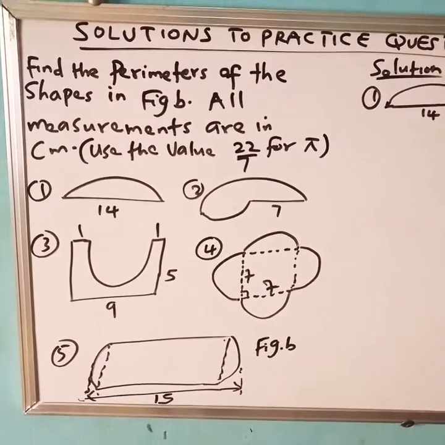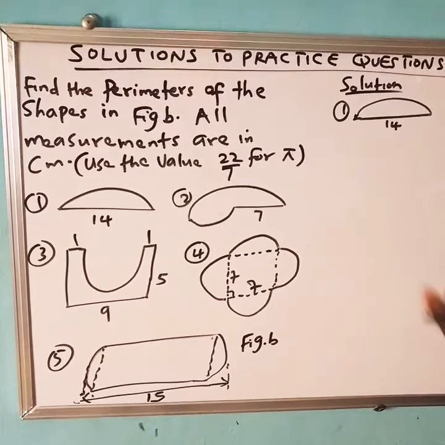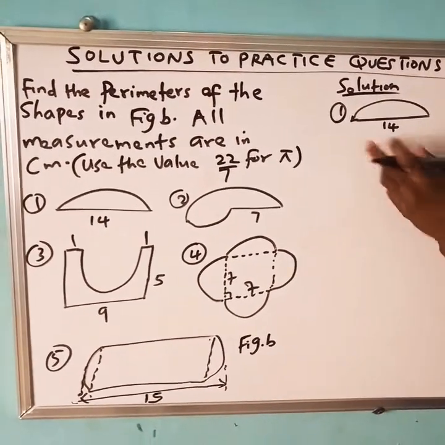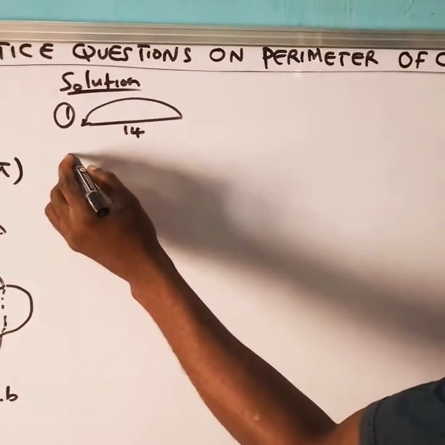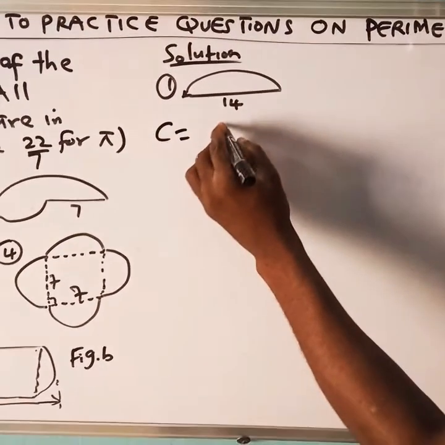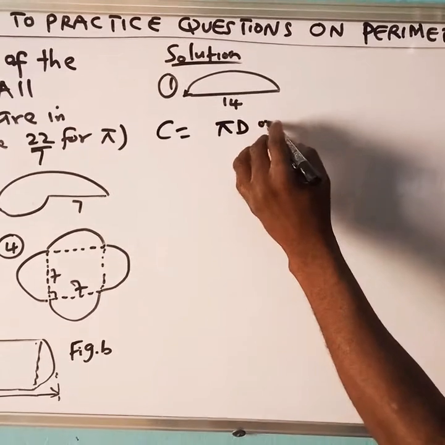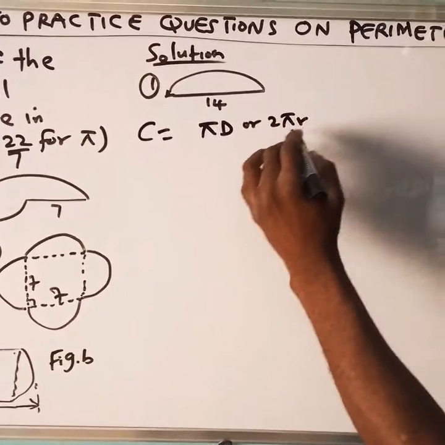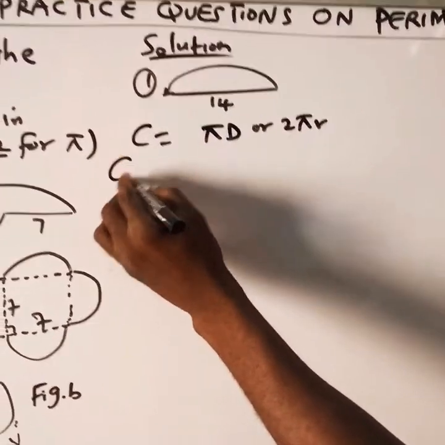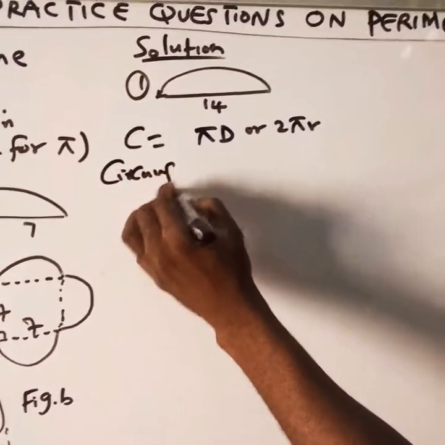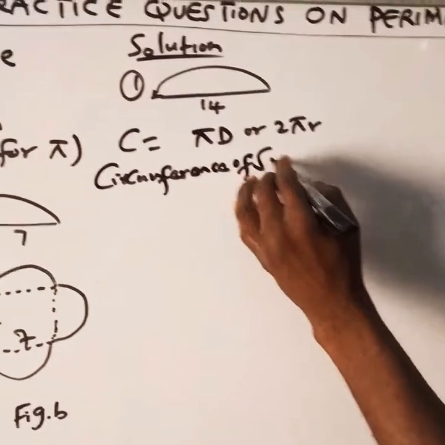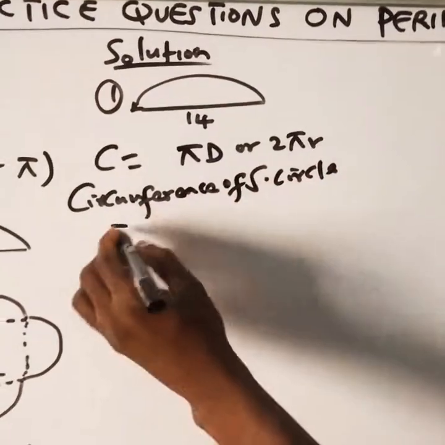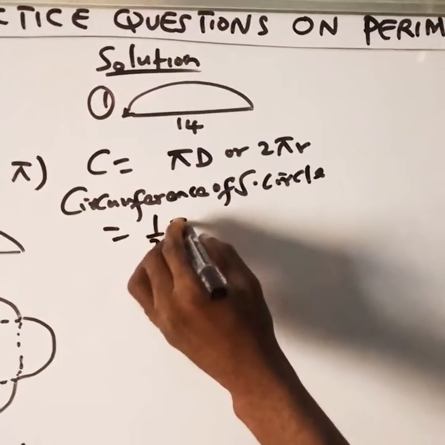Now I want to calculate the perimeter of this, and perimeter can also be circumference of the circle. This is a semicircle. Since the circumference of a circle is pi d or 2 pi r, the circumference of a semicircle will be half pi d.